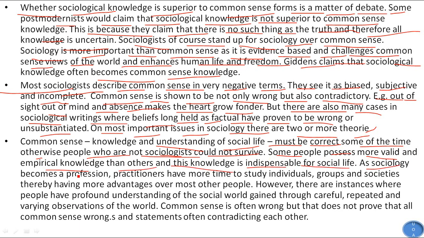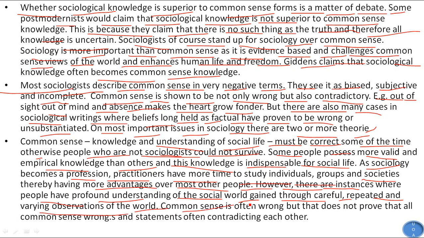As sociology becomes a profession, practitioners have more time to study individuals, groups and societies, thereby having more advantages over most other people. However, there are instances where people have profound understanding of the social world gained through careful, repeated and varying observations of the world.